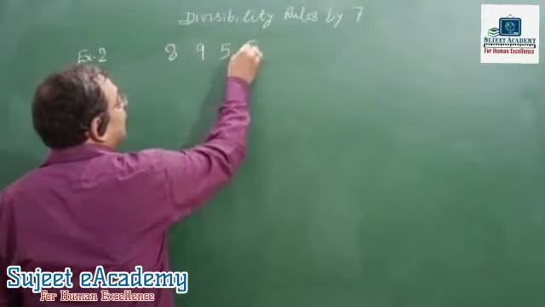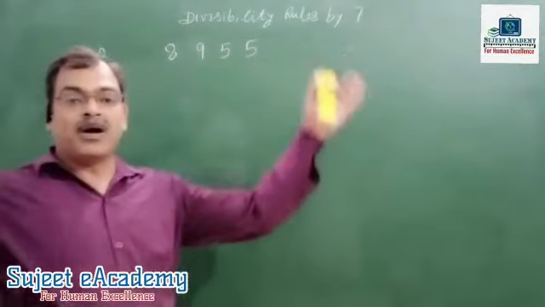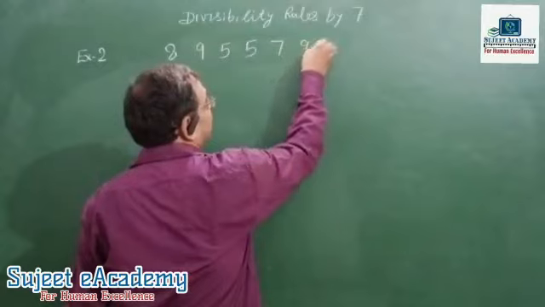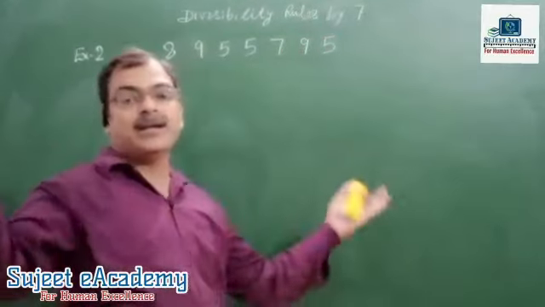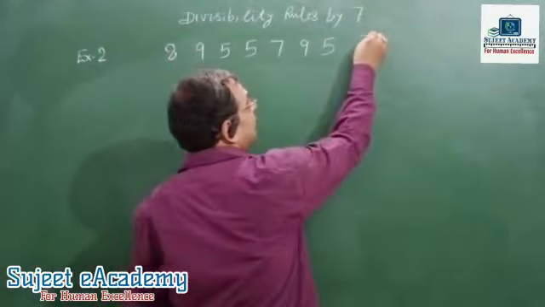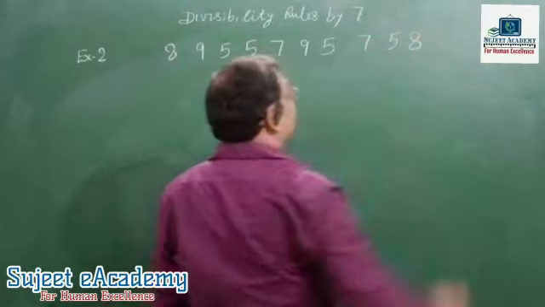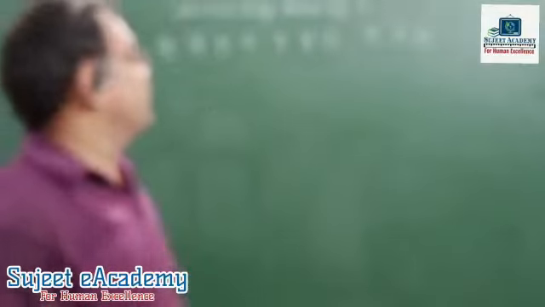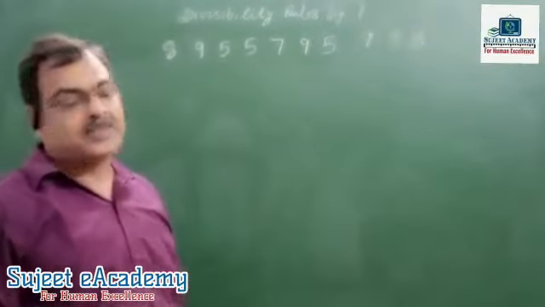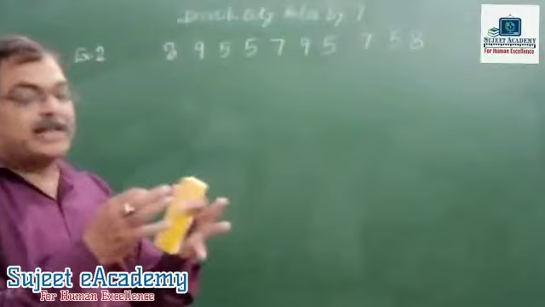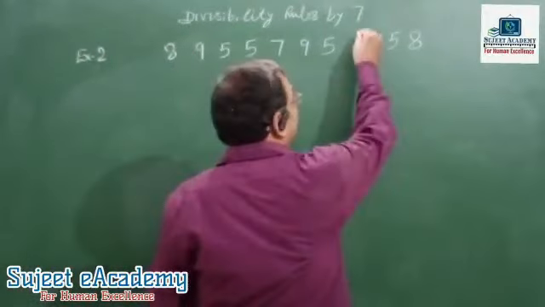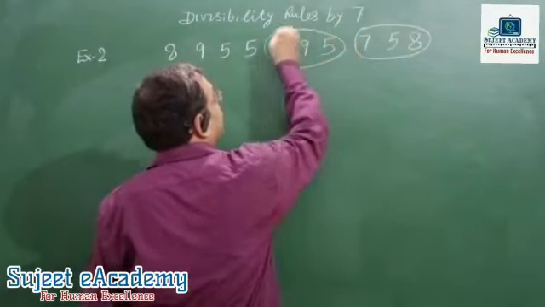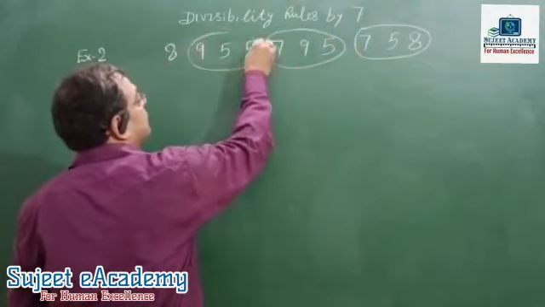This is enough of a big number to check whether it is divisible by 7 or not. First of all you form triplets: the first one, this one is the second triplet and this one is the third triplet.